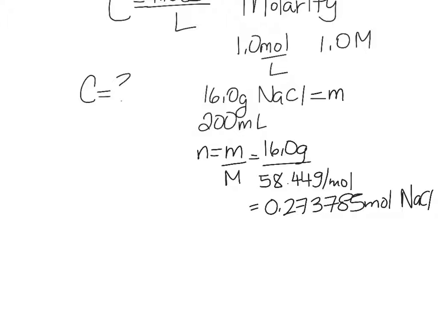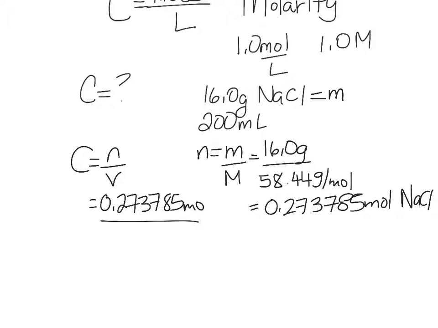So now we can plug this into the formula. C equals N over V, 0.273785 divided by, can I stick 200 milliliters underneath? Got to convert it to liters. And your answer is?